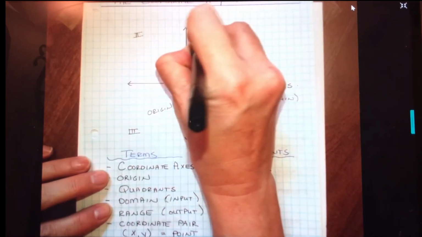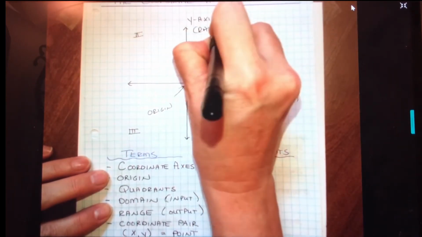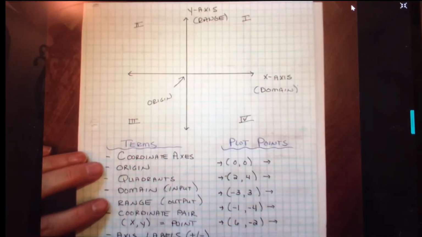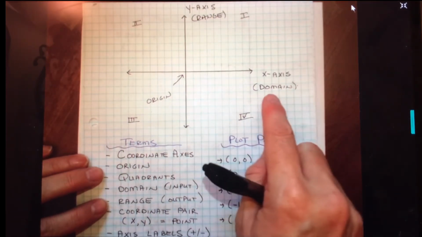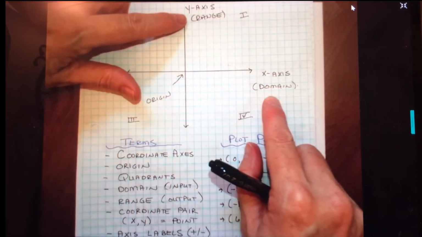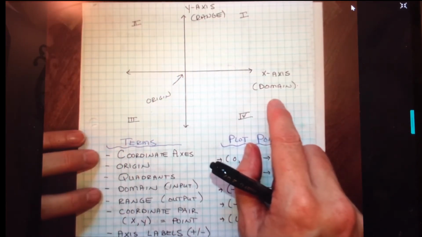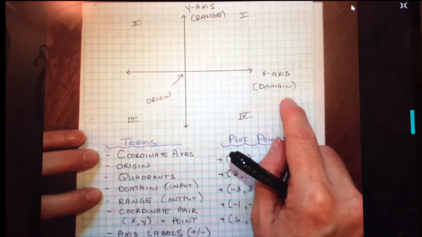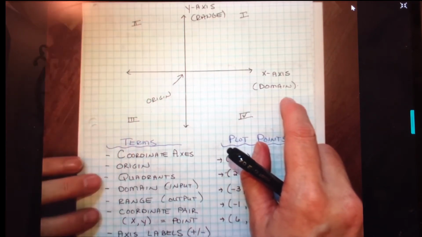So let me mark the y-axis as our range. Again, we sometimes may refer to it as the inputs and the outputs. Also, you may hear it referred to as the independent variable and the dependent variable.